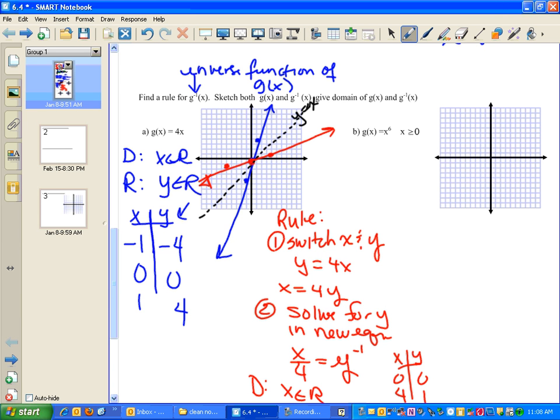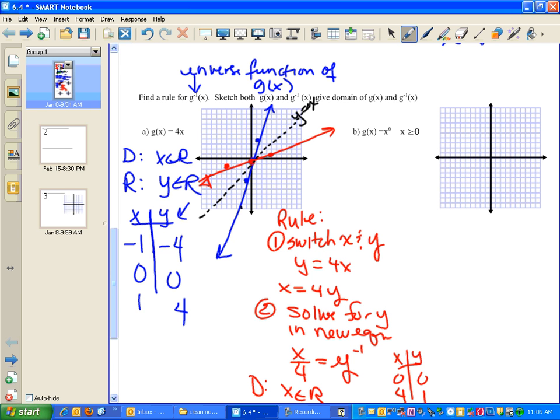The inverse function is a reflection of your graph over the line y equals x, because we're switching the x and the y. So this was my original one, and I reflected it over the line y equals x, and here it is. Okay? So all of these, when we come up with our inverses, will be reflected over the line y equals x.